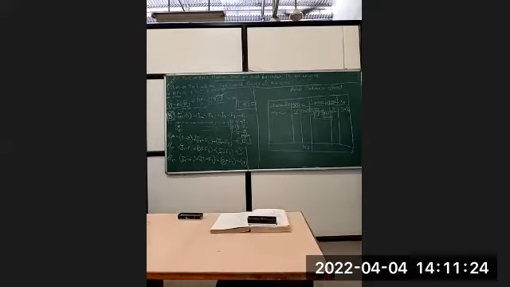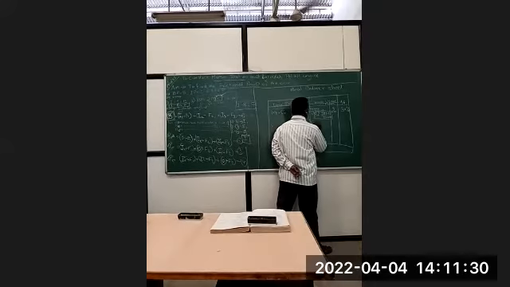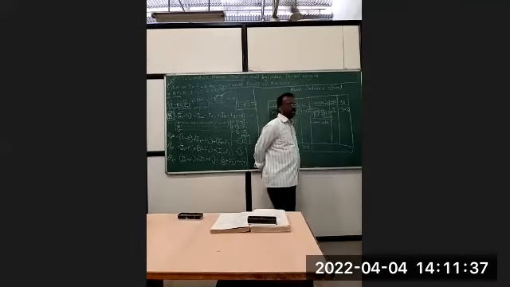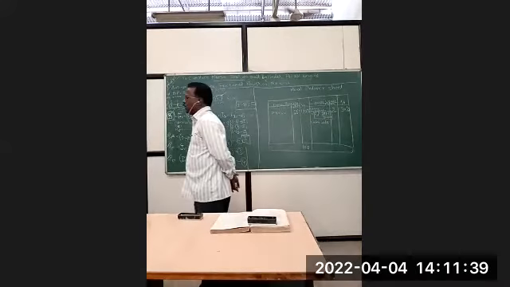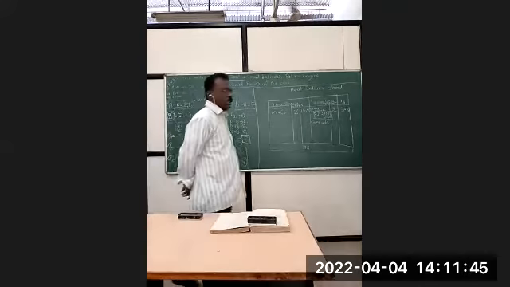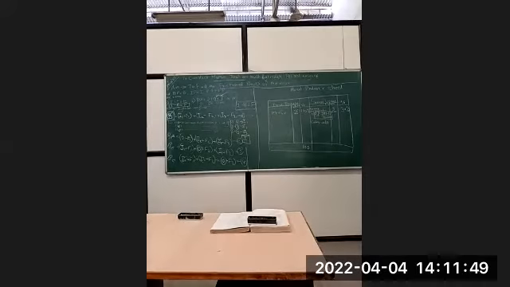Now, where does the remaining energy go? Some amount of energy goes to the cooling water supplied to the engine. We know that we have a cooling system in the engine, and we have the water coming into the engine, cooling the different parts, and going out, picking up some heat.